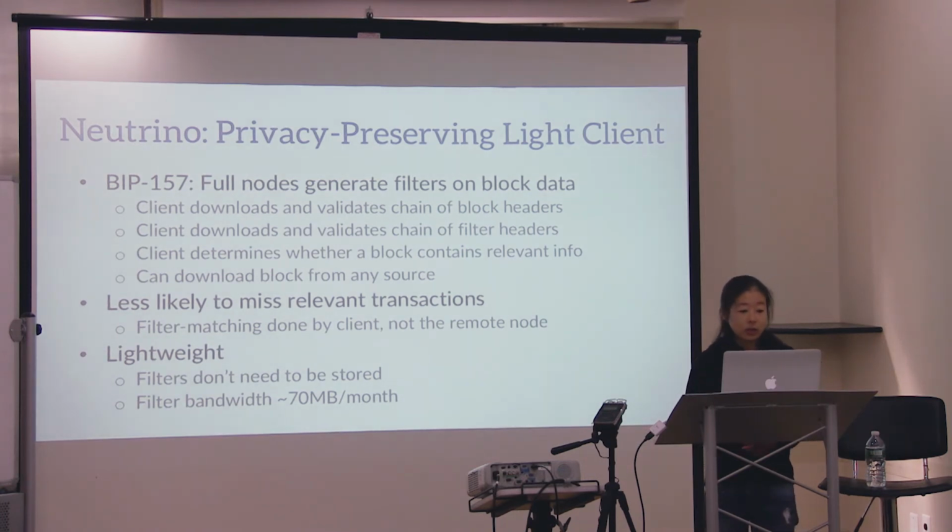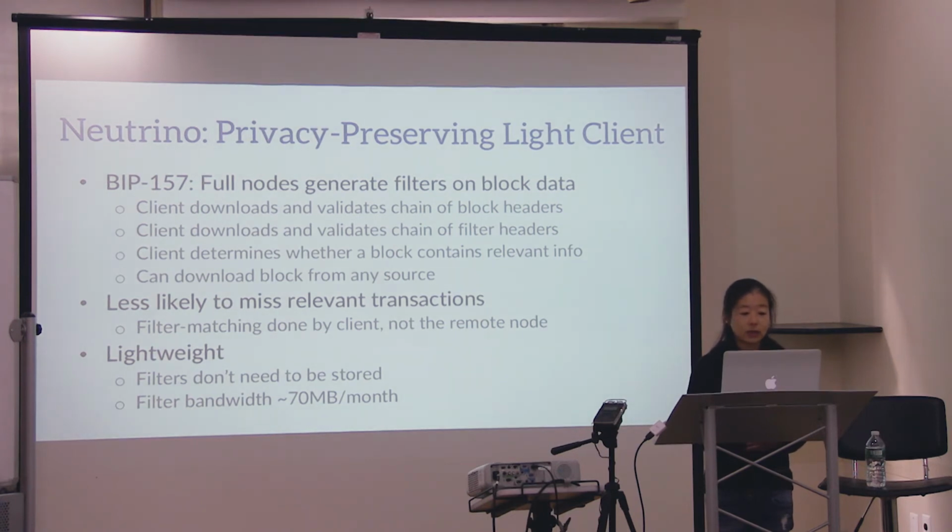So with Neutrino, there was a recent change where you can do it the other way around. Every single block can have an associated filter. So it's the client who decides which blocks are relevant based on the filter associated with the block.